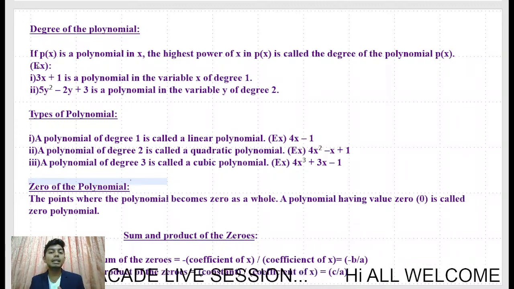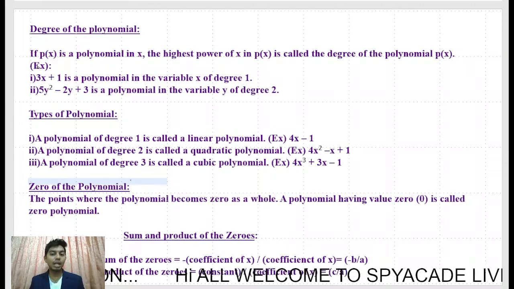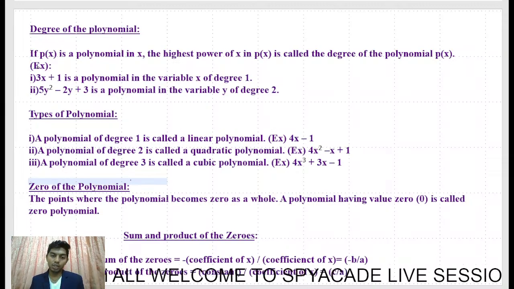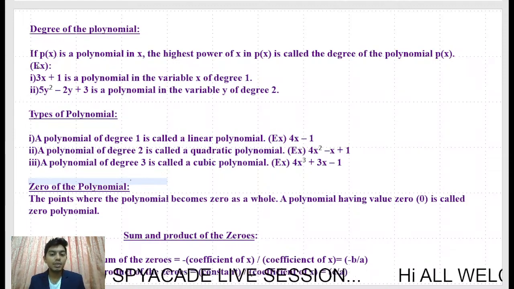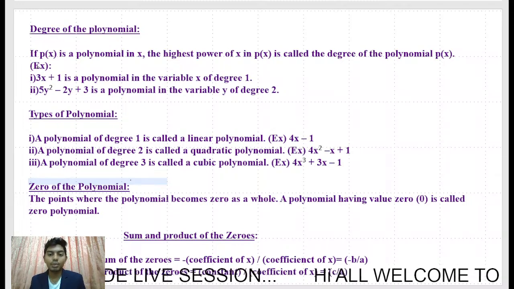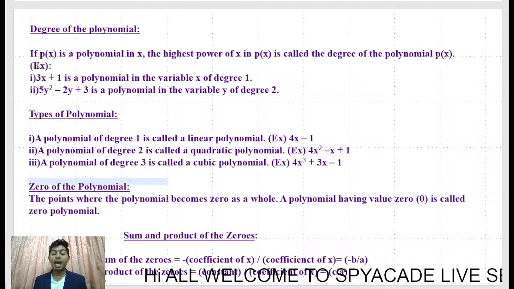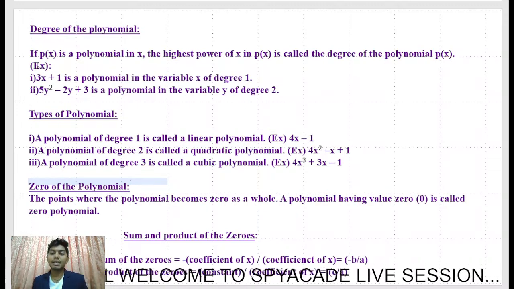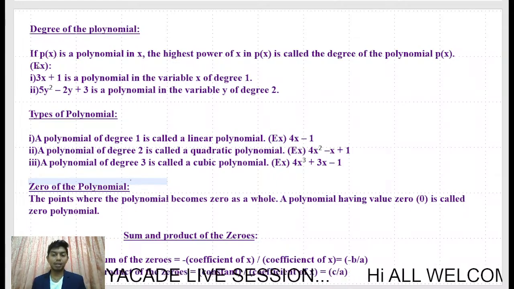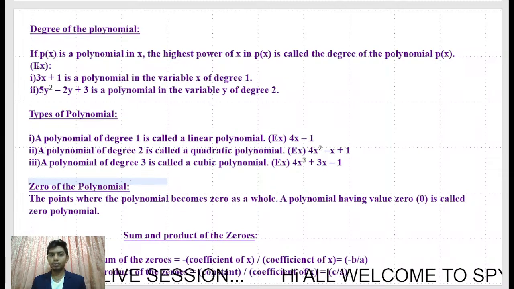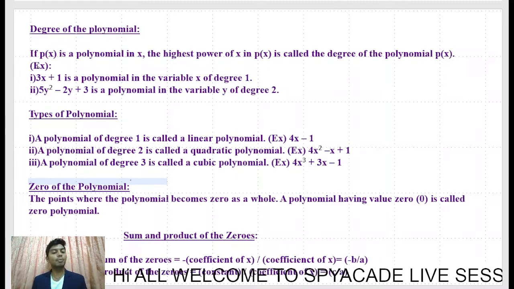The first one is the linear polynomial. A polynomial which has the degree 1 is called a linear polynomial. The next one, a polynomial with degree 2, is called a quadratic polynomial. Here you can see the examples: 4x minus 1, and then 4x square minus x plus 1. Here you have x square, which means the degree is 2, so that is a quadratic polynomial.